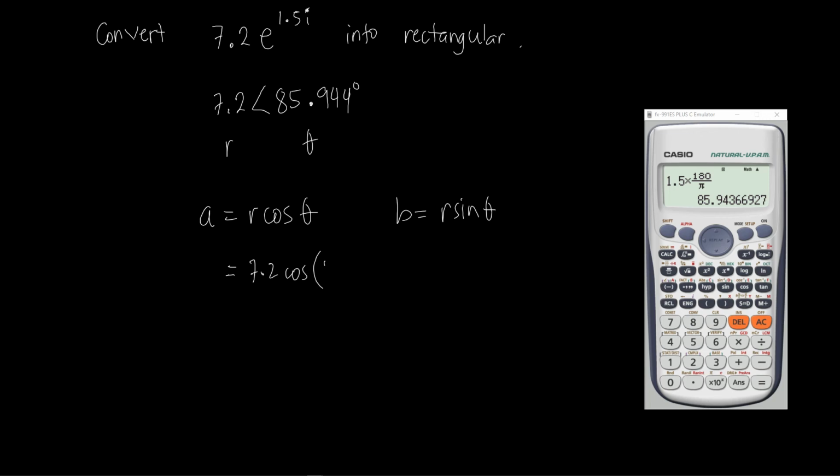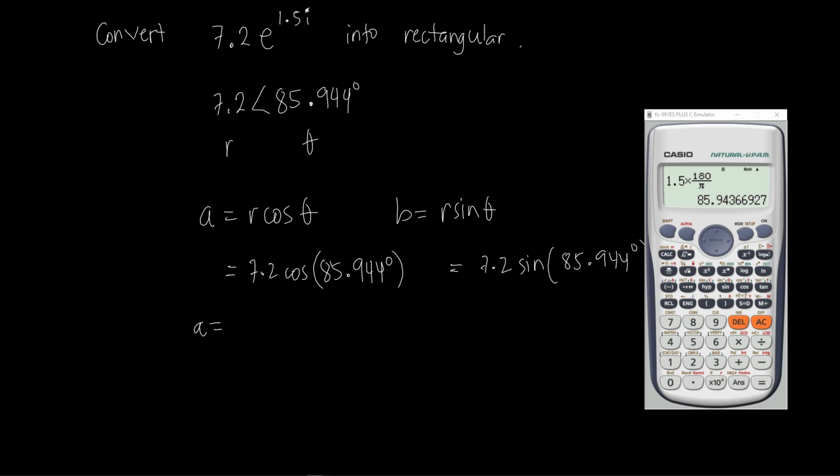7.2 cosine of 85.944 degrees. Then ang atong B is 7.2 sine of 85.944 degrees.